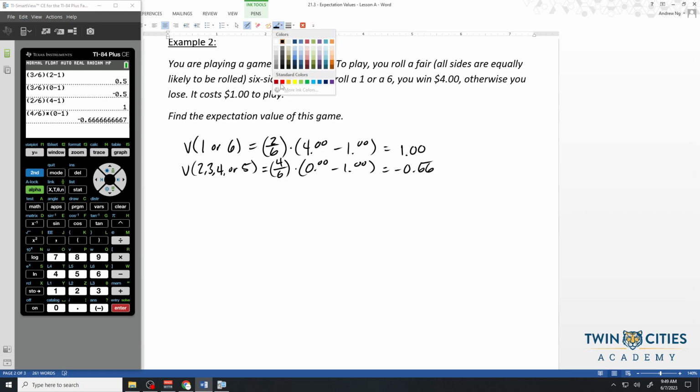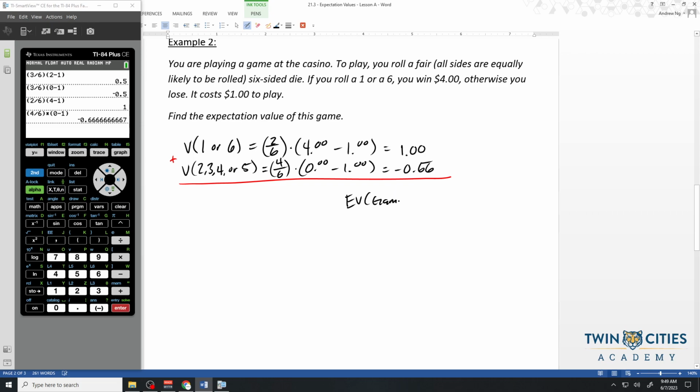And if I were to add these together, well, 1 plus negative 0.6 repeating, this is going to be the expectation value of this game, is 0.3 repeating.